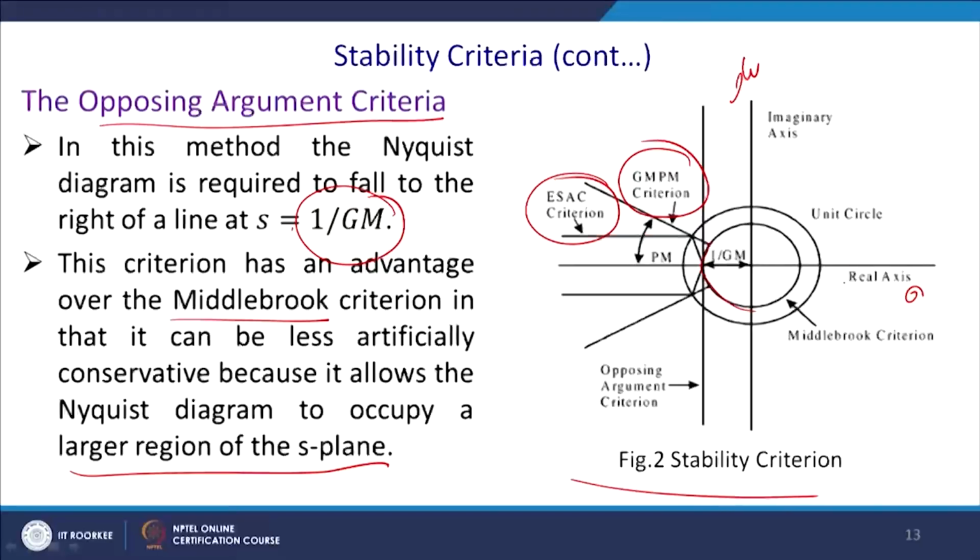The Middlebrook criterion is a little conservative approach to stability. You can very well operate outside this circle, with an encirclement and having your stability criterion satisfied by the gain margin. So, by the Bode plot only we can ensure proper stability of the system.